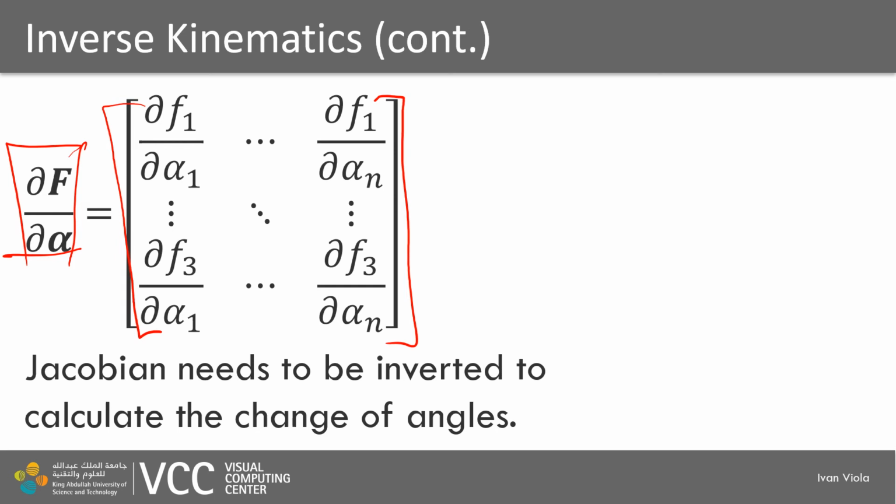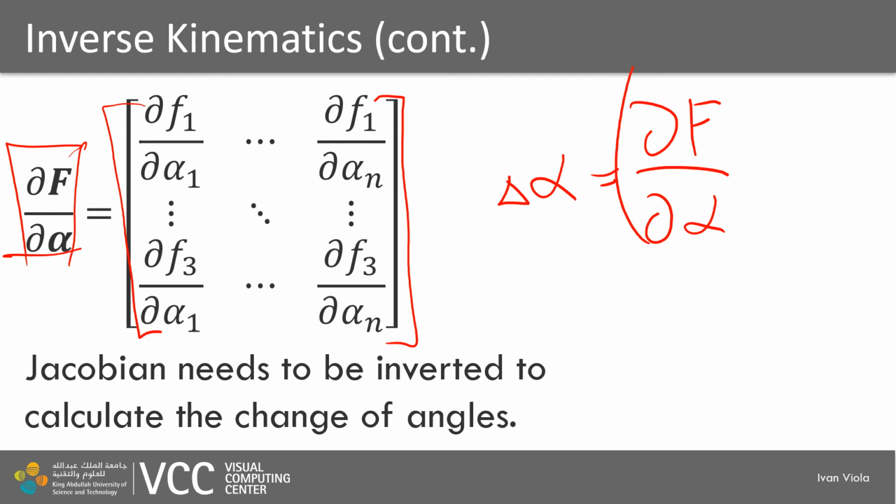But normally, we would simply calculate the delta alpha, the changes of the vector of angles, equal to the Jacobian inverse times delta x.